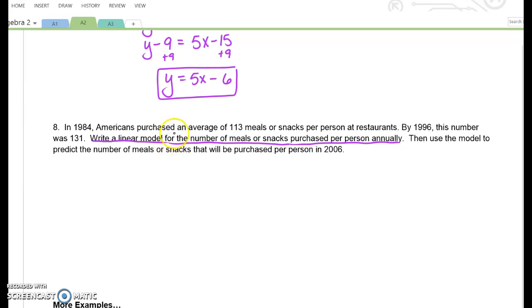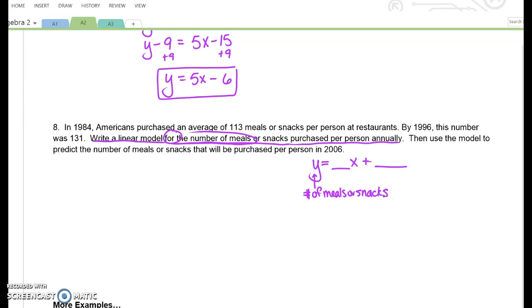When it says for the number of meals or snacks, they're basically telling you what they want the model to equal. So if we have a model like y equals something times x plus something, they want the y to be the number of meals or snacks.